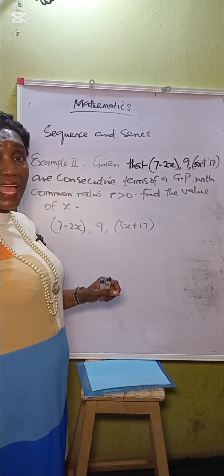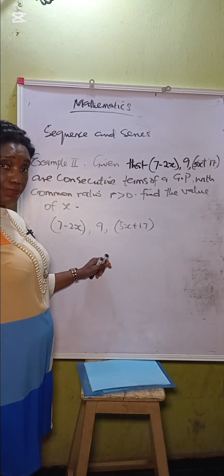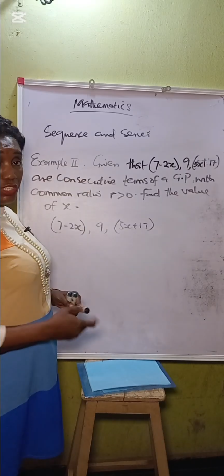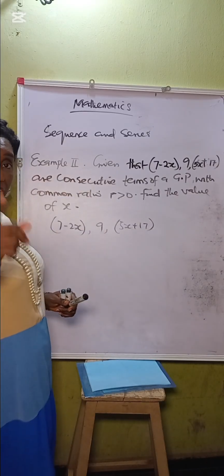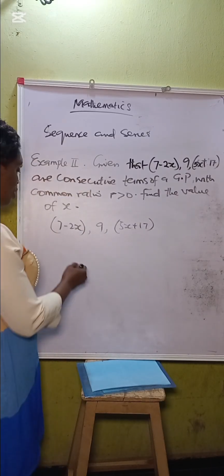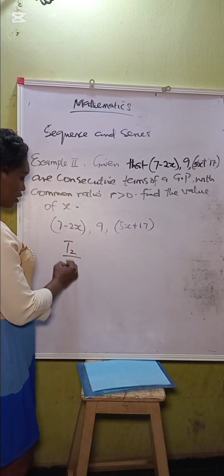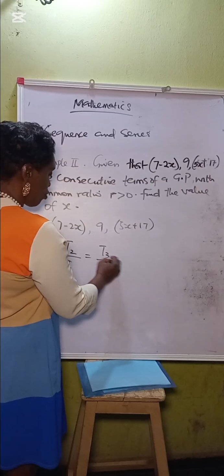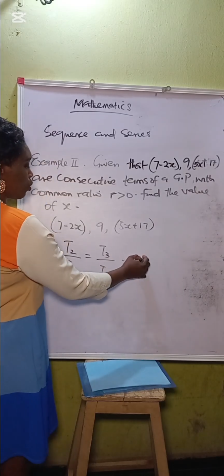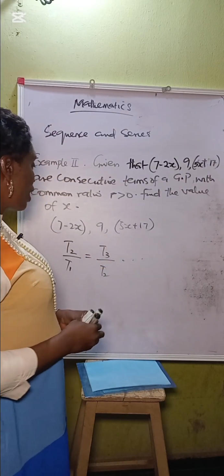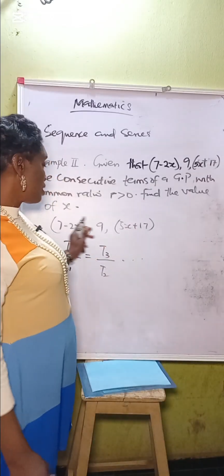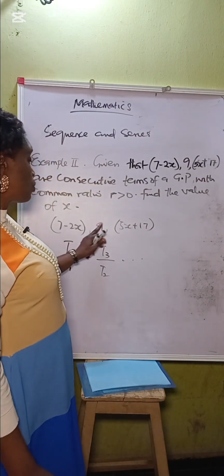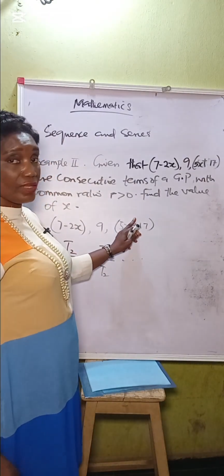I'm going to apply one of the properties of GP. Recall that to find the common ratio in GP, T2 over T1 is equal to T3 over T2, and so on. So in this case, this one is our T1, this one is our T2, and this one is our T3.